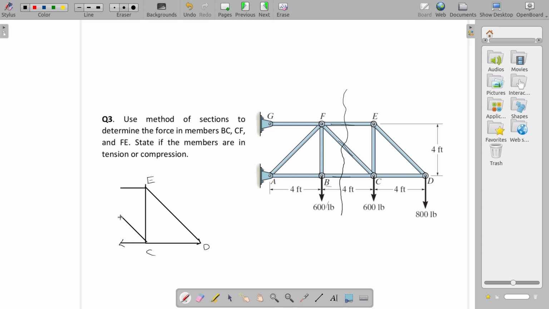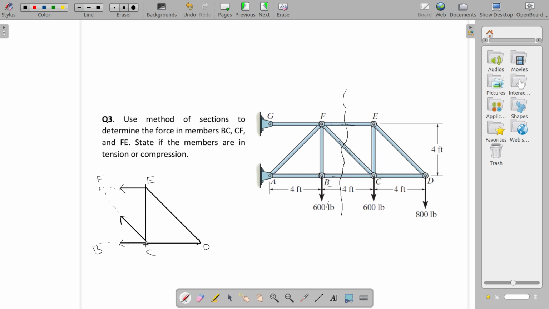Assume that we have tensile force in each of these cut members, so forces will be away from the joint. EF, you had F here, so we'll call it FE. This is FC, and this is BC.